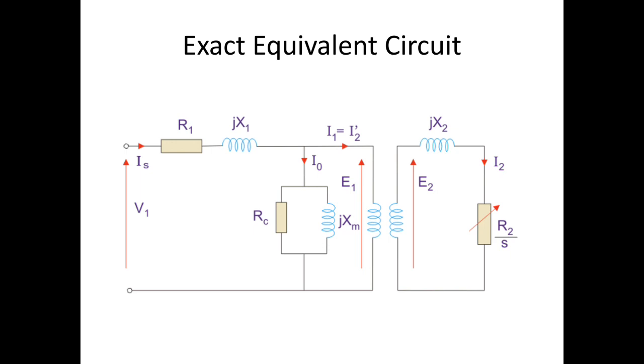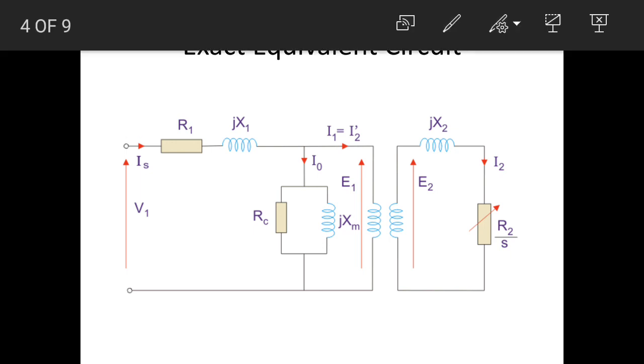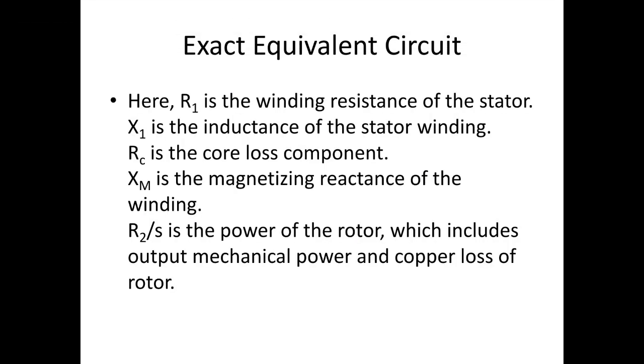IS is your slip current. V1 is the input voltage, meaning the input you give to the stator from the supply. R1 means stator winding resistance, and the copper loss and other things I have said are listed here.